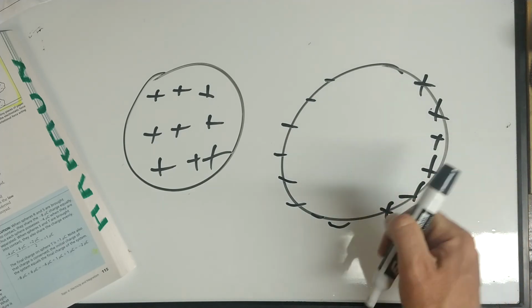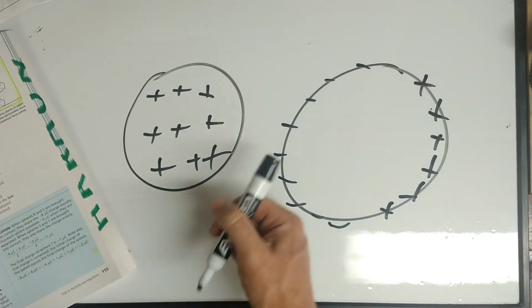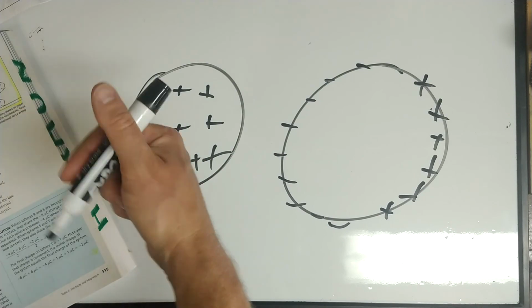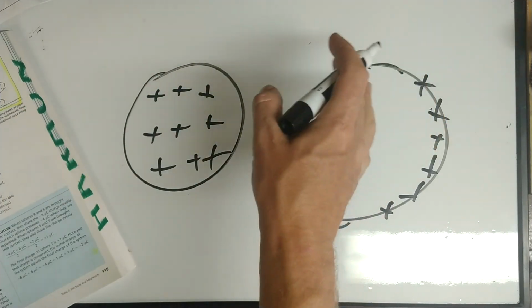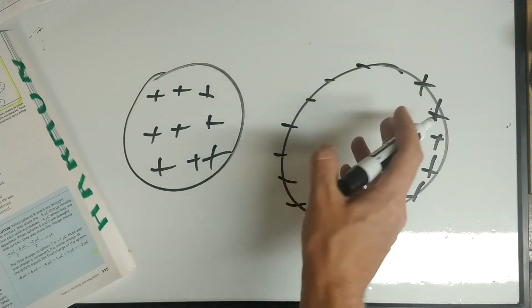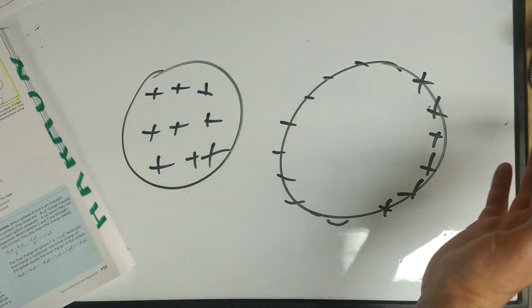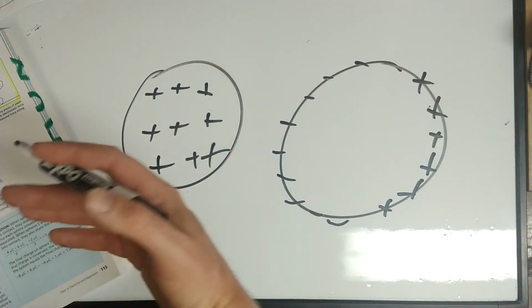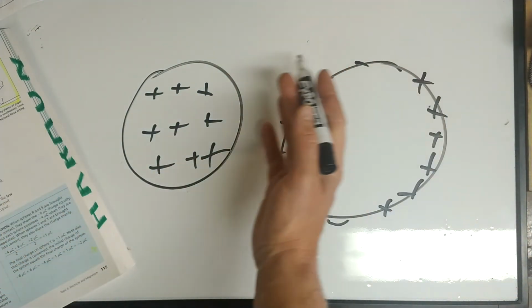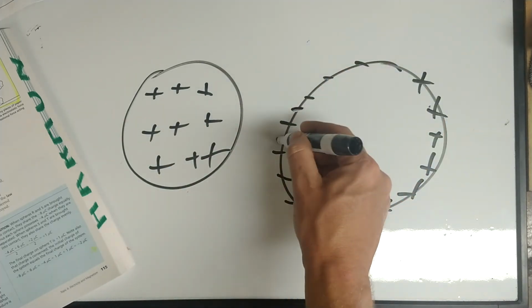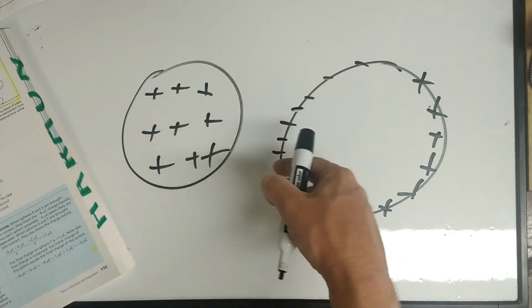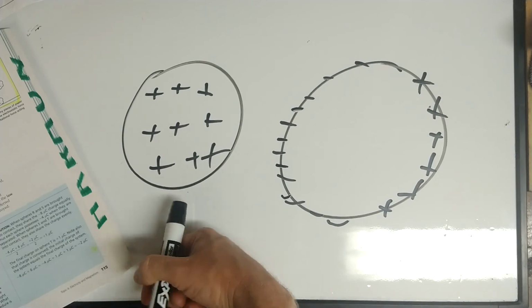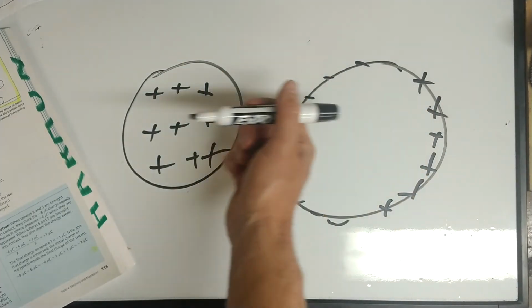Now, what's different than the wall here is that the electrons can move much farther across the surface. Remember, in an insulator, the electrons can't move across the surface. In the conductor, the electrons can move across the surface, and here they are. They're going to get pulled up here. You're probably going to get a pretty good accumulation in this zone right here, because these positive charges are pulling on these electrons.